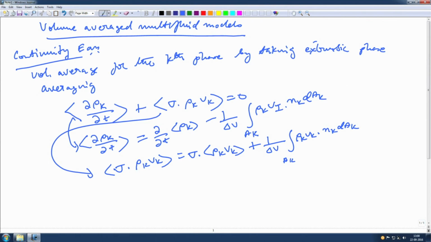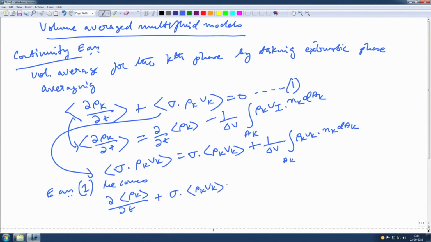Got it? So, we have applied the rules. Using these two, if this equation is equation 1, then equation 1 now becomes the sum total of the two things.